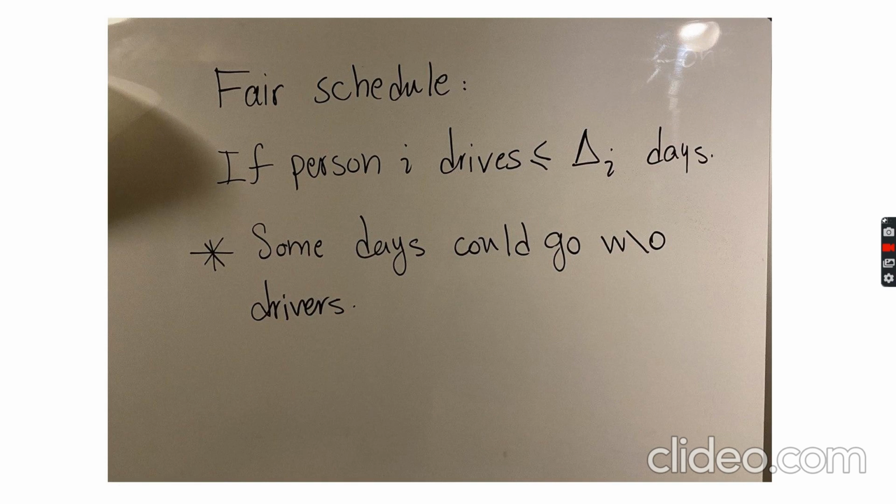Technically, this statement we show in part B is not true, but for this part we don't enforce that we have drivers for all d days. But we want to find drivers for k days, for example, out of these d days, such that each person drives at most delta j days. So this is the scheduling problem that we are looking for.